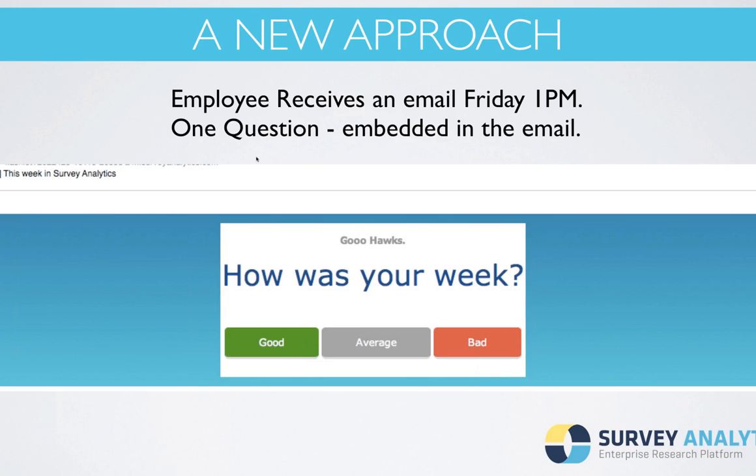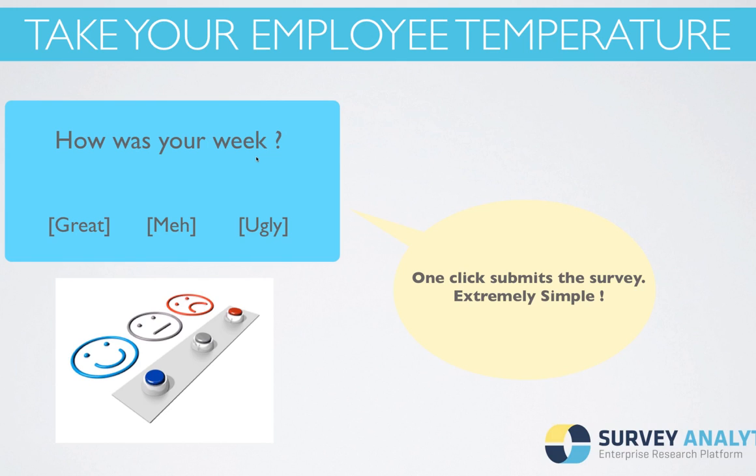Not a hyperlink in an email, but the survey embedded in the email itself. As you can see on the screen, you have three buttons, and you click on one of them. It runs on a weekly basis towards the end of the week.